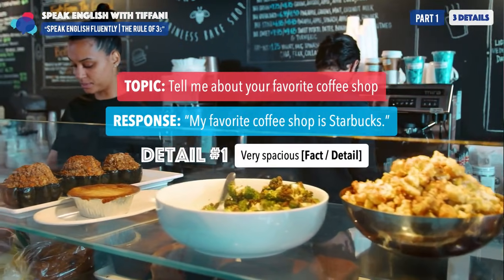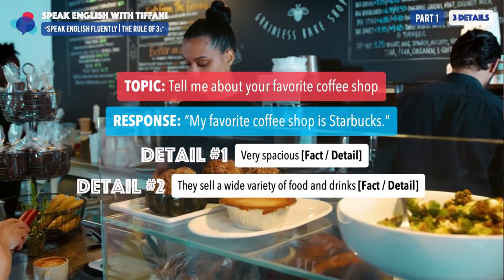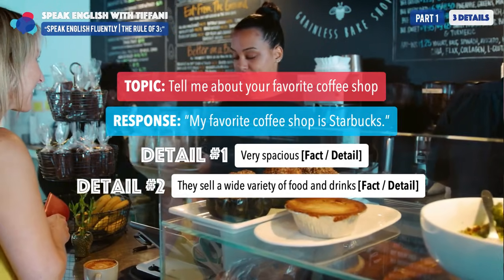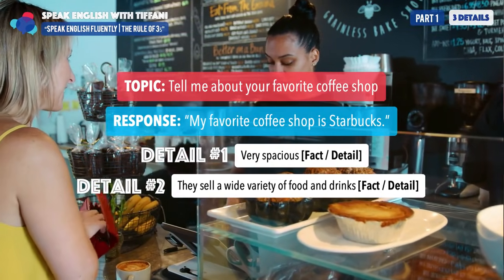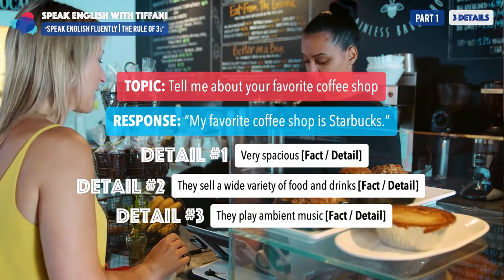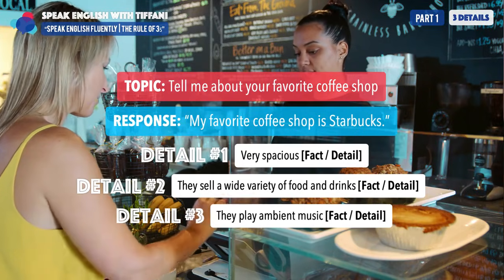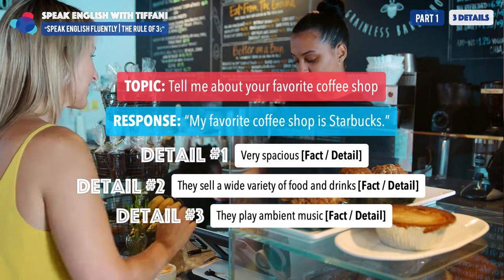That is a fact or a detail. Detail number 2, they sell a wide variety of food and drinks. Once again, a fact or a detail. And detail number 3, they play ambient music. That is also a fact or a detail.